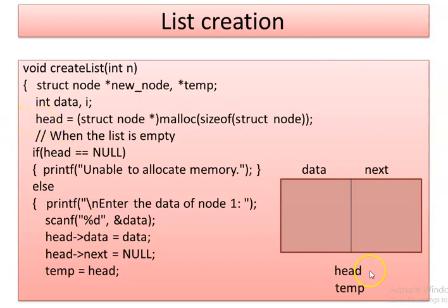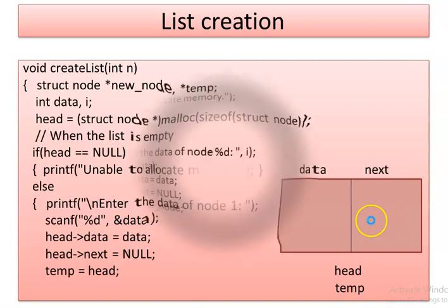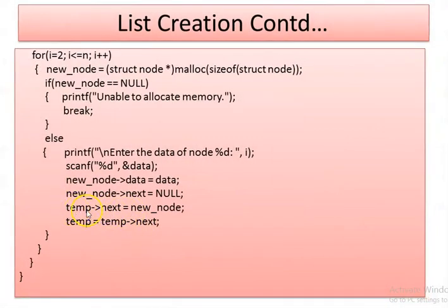Then head is 2000, temp is 2000. Here we have stored some integer value. Here we have stored 3000, the address of next node by this statement. Temp arrow next is stored with 3000.